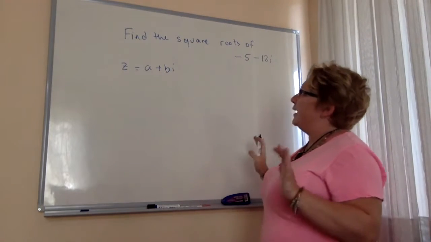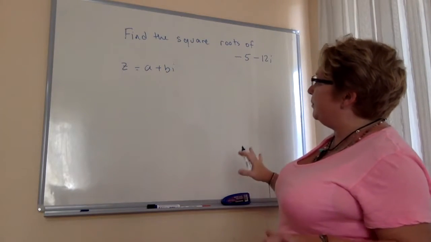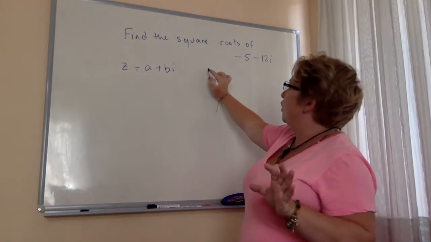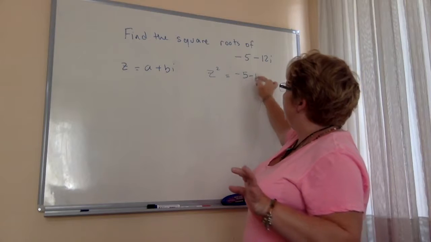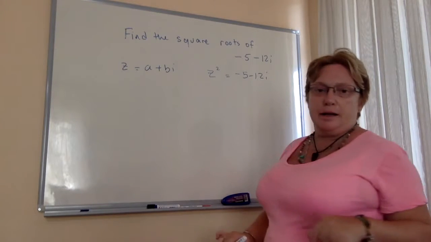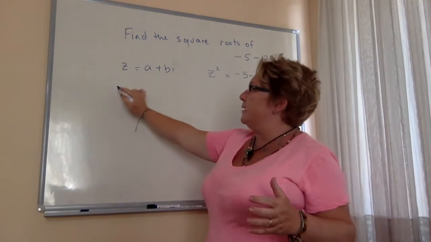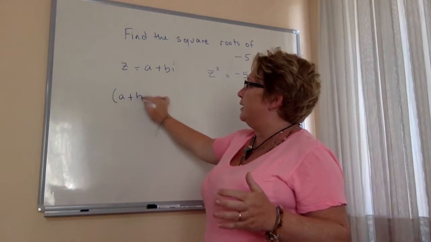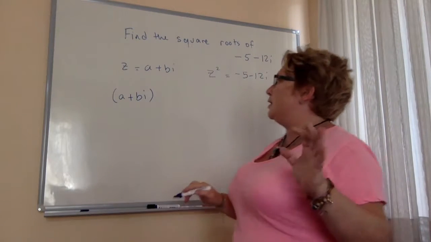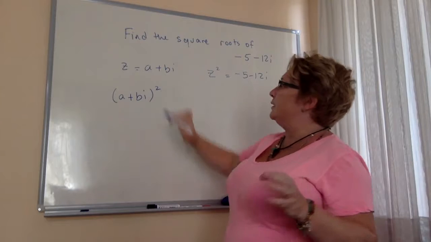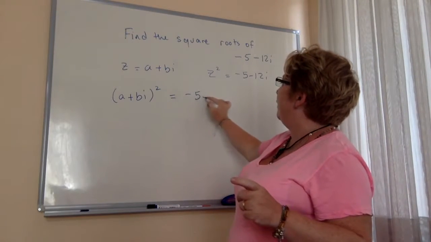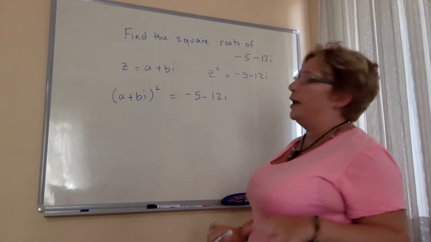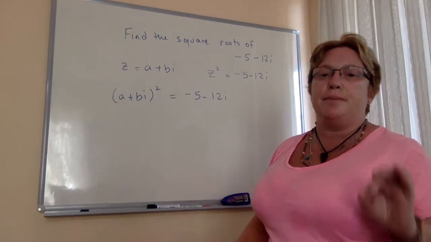And by asking for the square roots, I'm simply looking for whatever z squared is equal to minus 5 minus 12i. So I'm going to take the square of this z. I'm going to take a plus bi quantity squared, and I'm going to set it equal to minus 5 minus 12i, and I'm going to look for a and b.